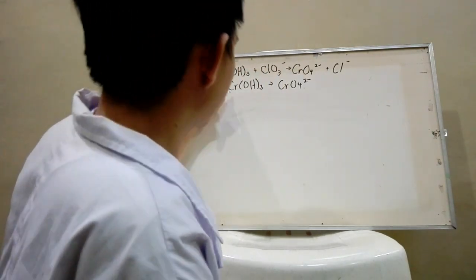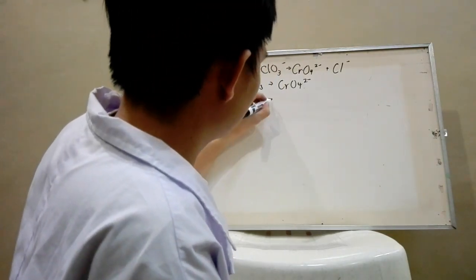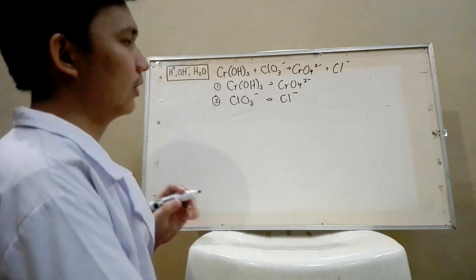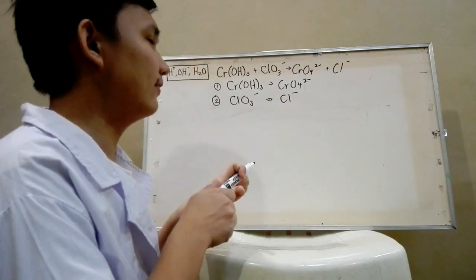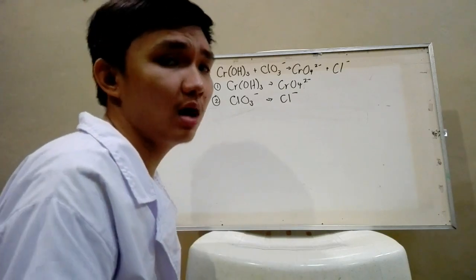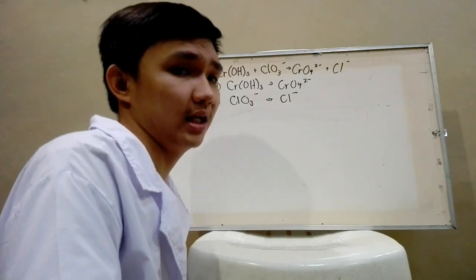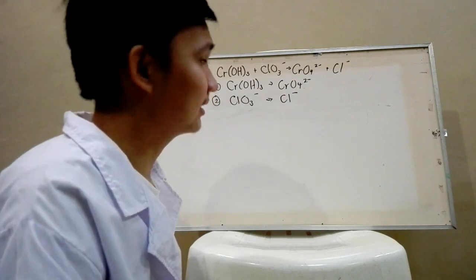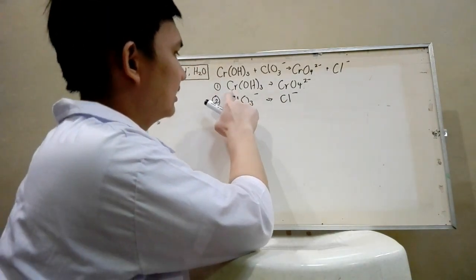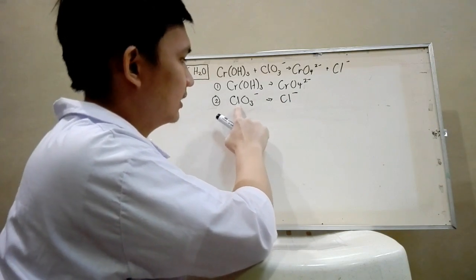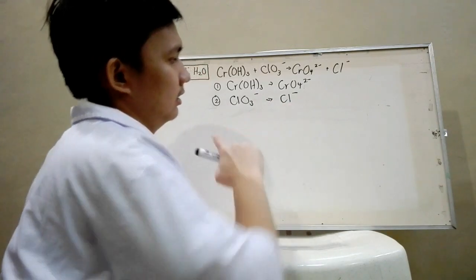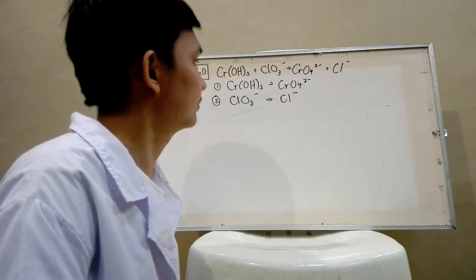And our second half reaction. Okay? And then after that, we have to find an element aside from oxygen and hydrogen and then balance it. So in this case, this element is already balanced. And also this is already balanced.